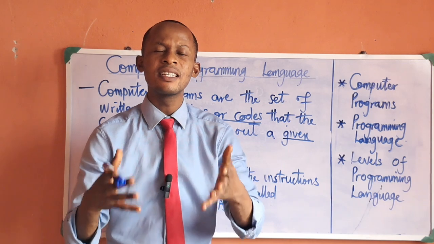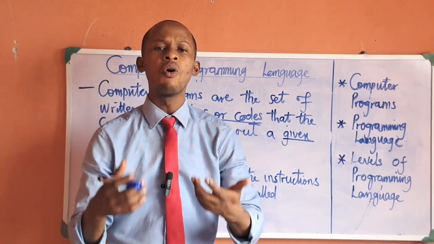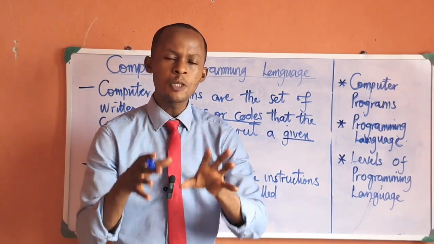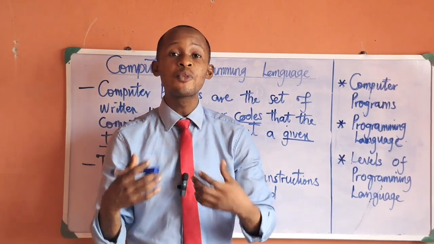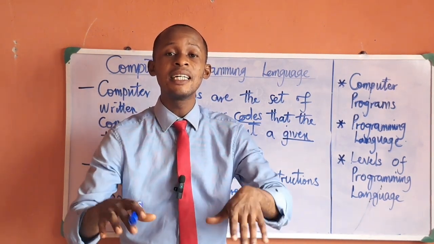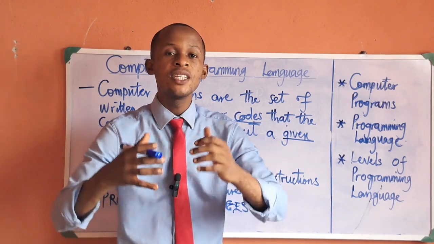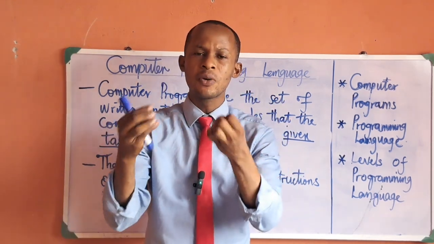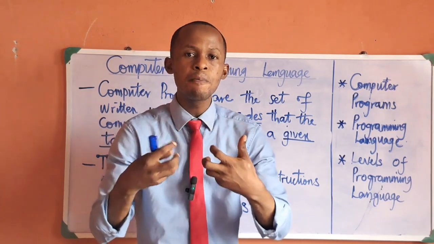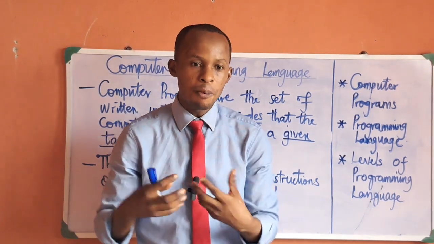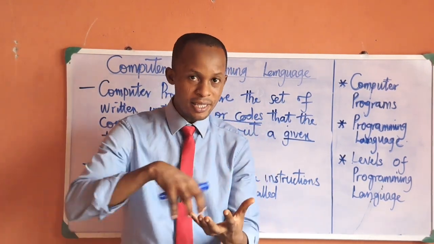Computer processes data making use of programs. These programs are also called software, and this software can also be called the codes or instructions. Computer programs are what the computer makes use of during processing of data.